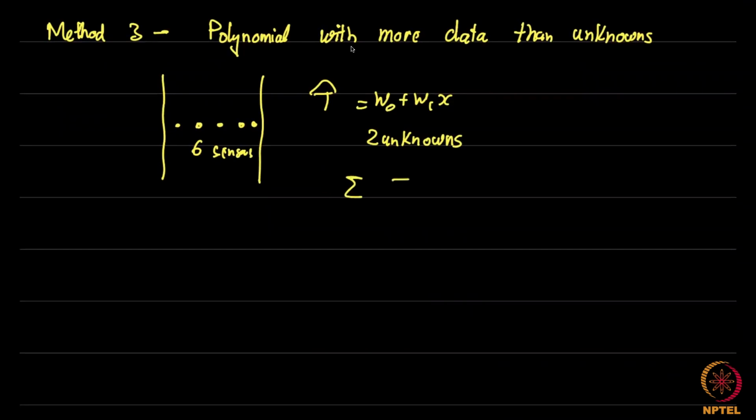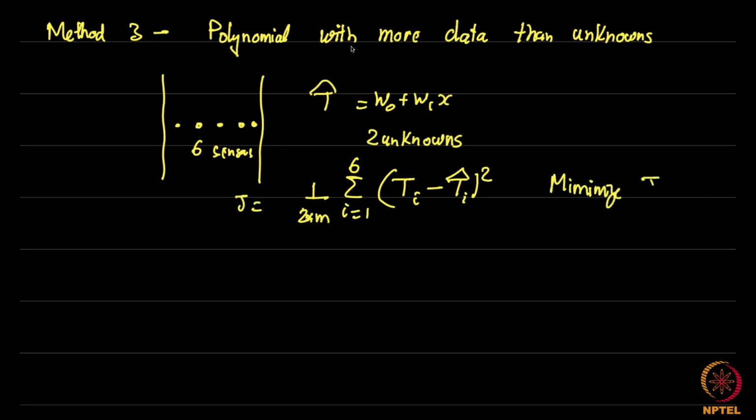You try to minimize T minus T hat squared at all these points, i equal to 1 to 6, 1 by 2 times the number of points. Minimize J. So notice how this comes naturally. Let us say the number of points was only 2, like I made only 2 measurements. Then I'll have one exact value of W0 and W1.